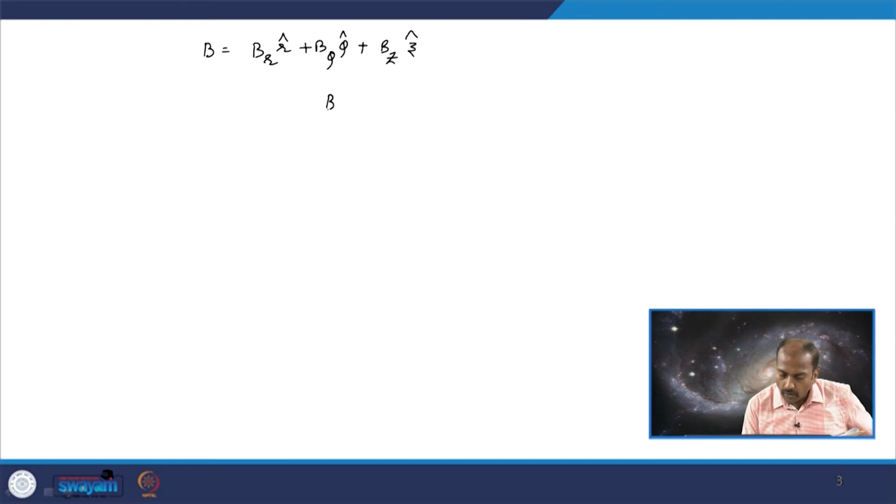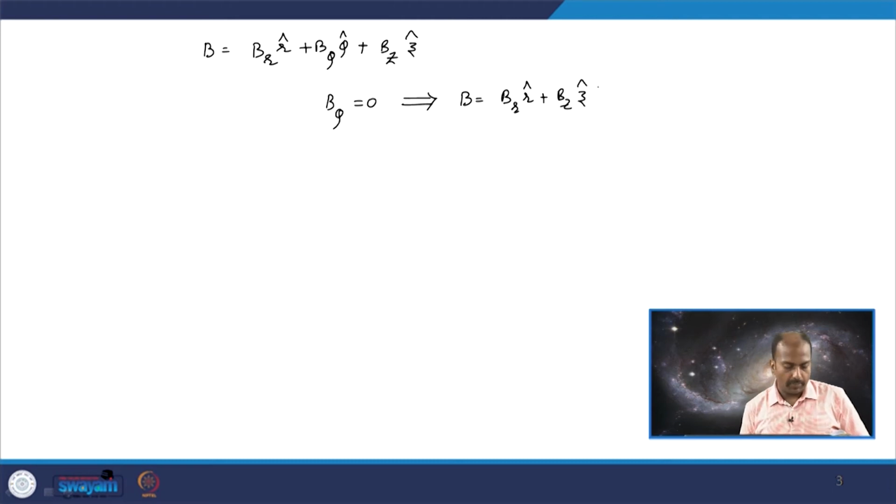We will write the magnetic field as B is Br r cap plus B phi phi cap plus Bz z cap. Now, B phi is 0. So, we will simply write the magnetic field as Br r cap plus Bz z cap, right.